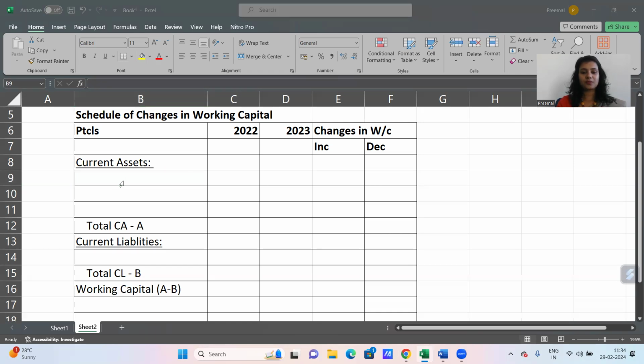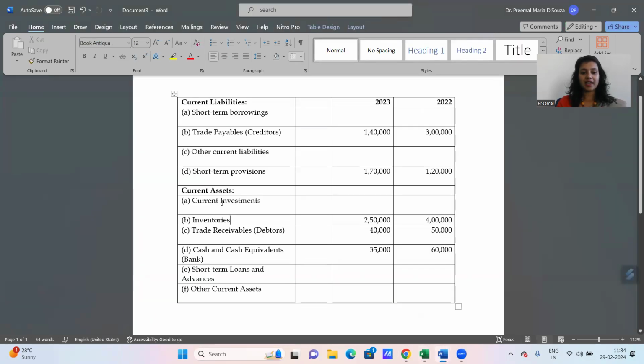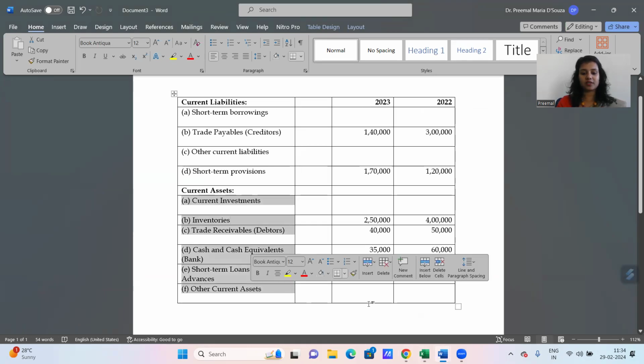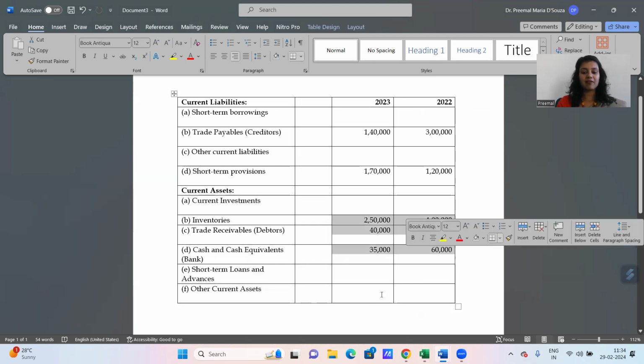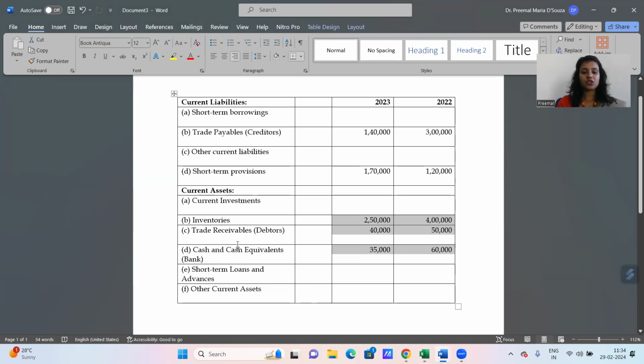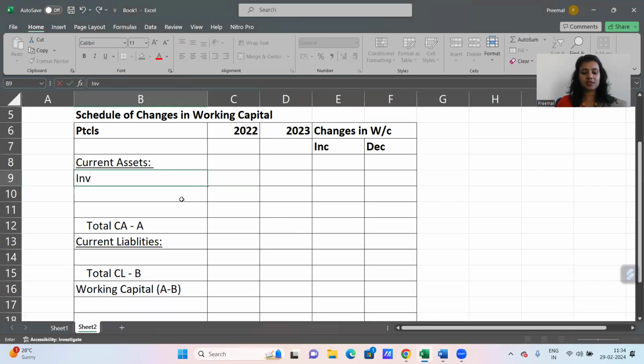In the question, under current assets, you have around 6 points. But of these 6 points, only 3 have values against them, which are inventory, debtors, and cash. So we're going to write down these items one below the other in our schedule of changes, starting with inventories.